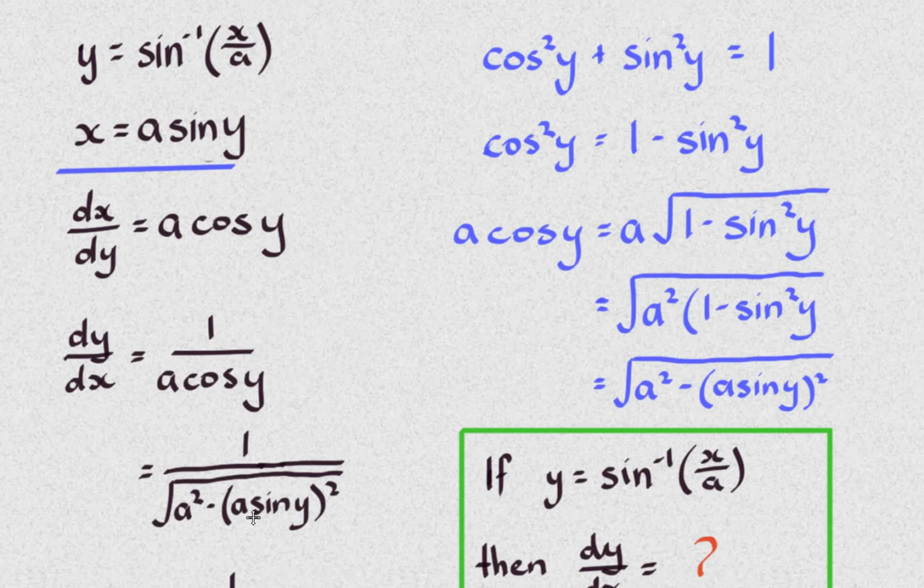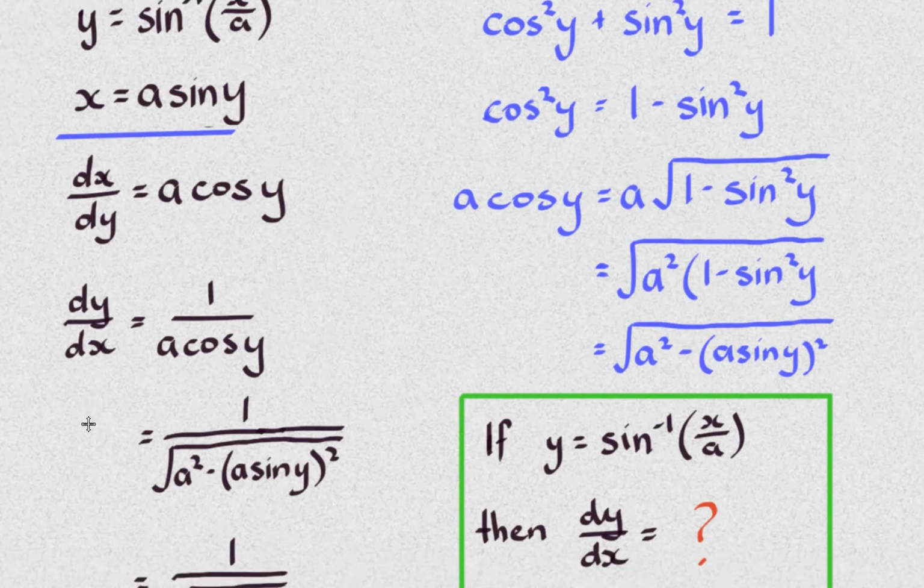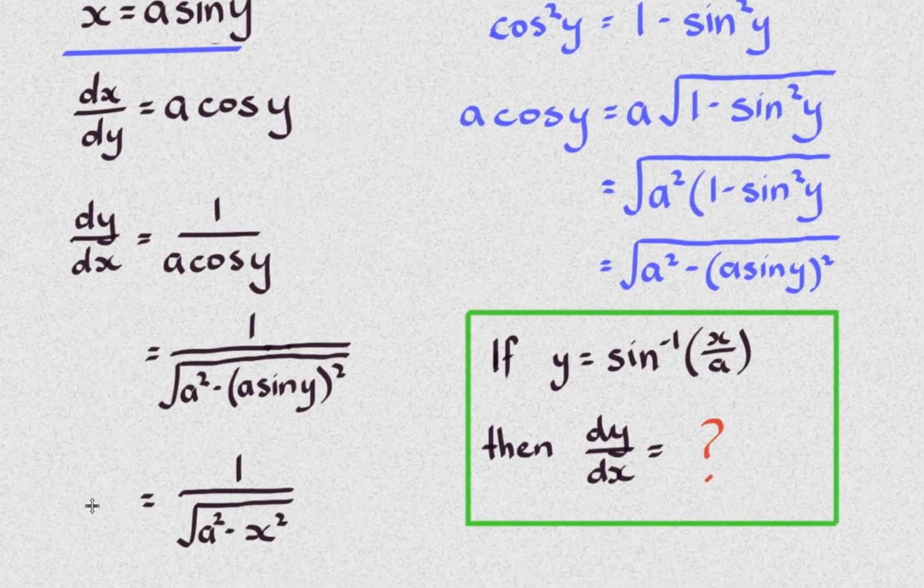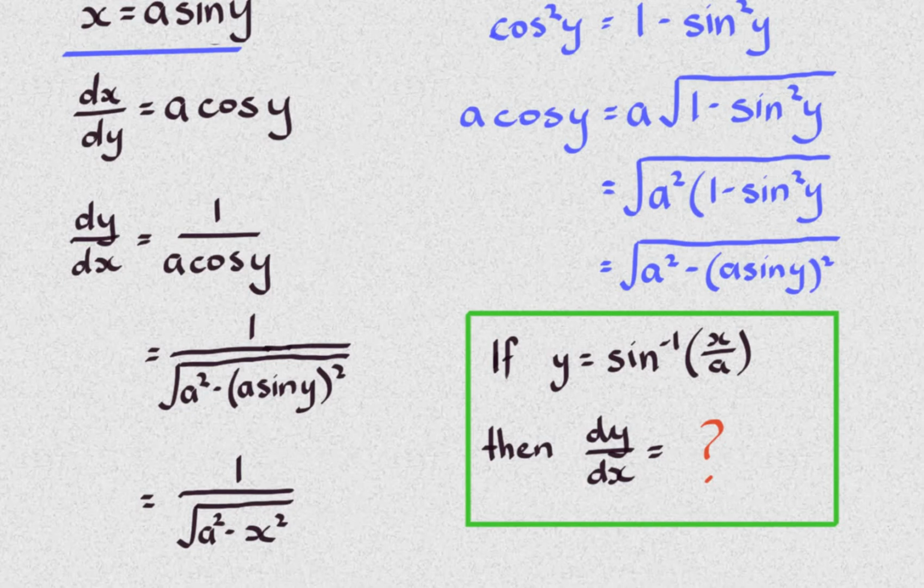But since a sine y is just equal to x, we can write our final derivative as 1 over the square root of a squared minus x squared. And so we have our derivative for inverse sine of x on a.